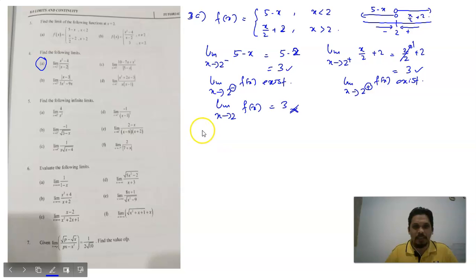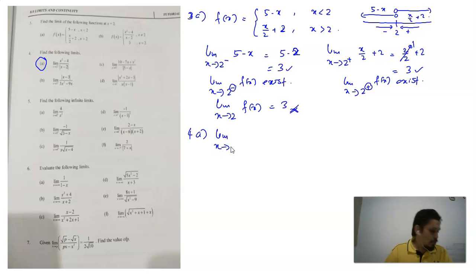I choose one of the questions here, 4e. Find the limit of x approaching 2 from the left of x squared minus 4 divided by the modulus of x minus 2. Before we continue with this one here, we refresh our memories about the definition of absolute values.